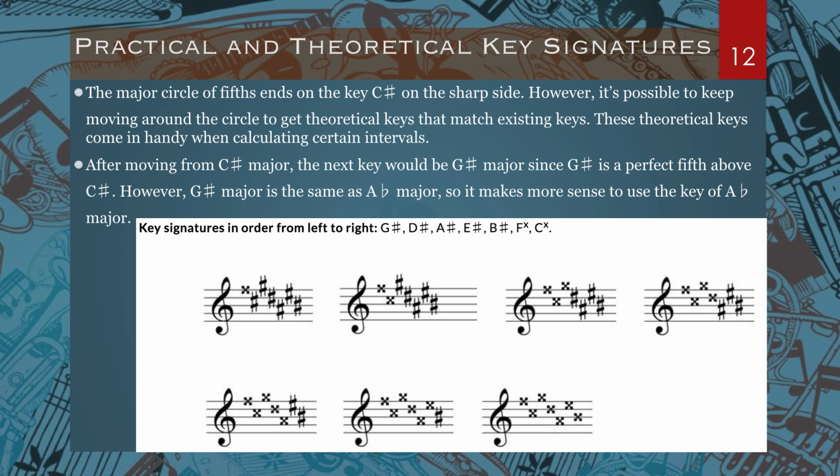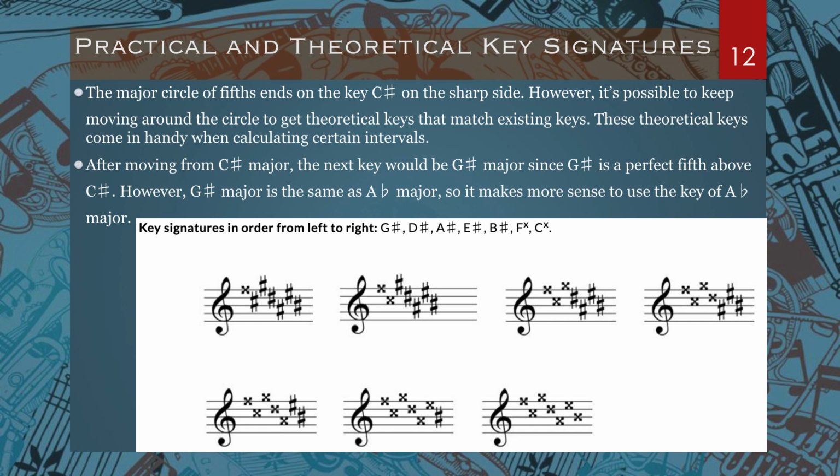Since that's confusing to read, and we already have an A flat major key signature that's much simpler to read, because G sharp and A flat are the same key, they'll sound the same, it would be better just to use the key of A flat. So it's going to be very unusual for you to actually see a G sharp major key signature. It really shouldn't occur. It should be written in A flat.